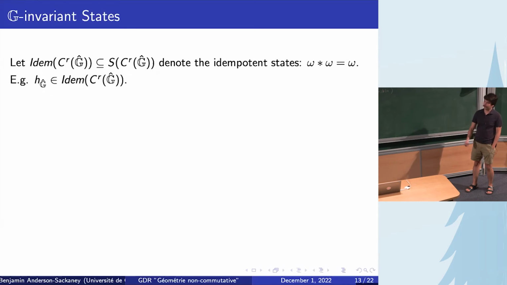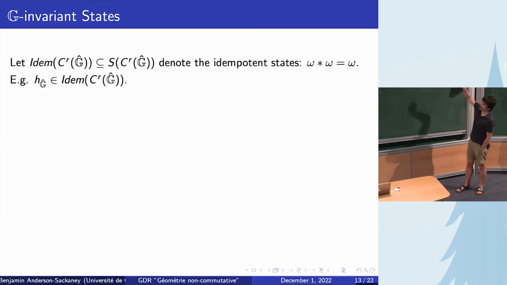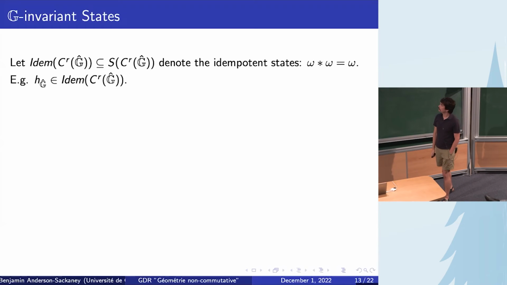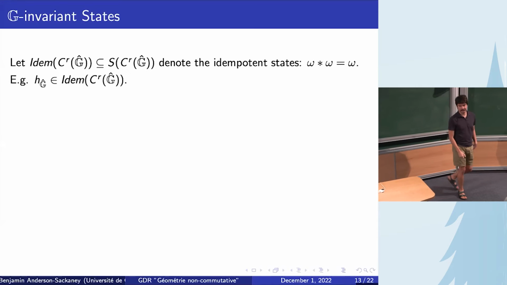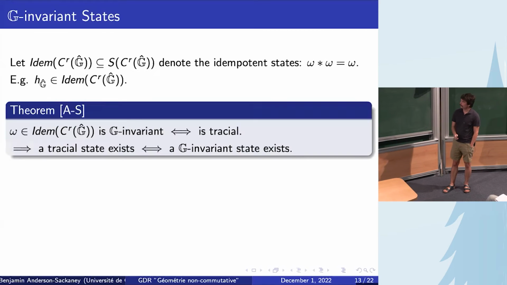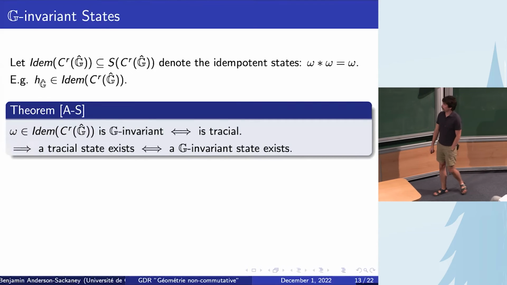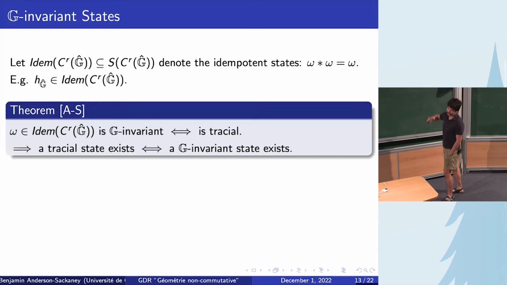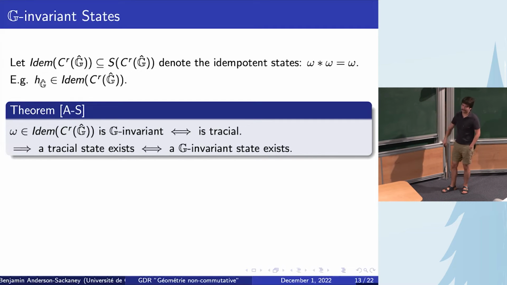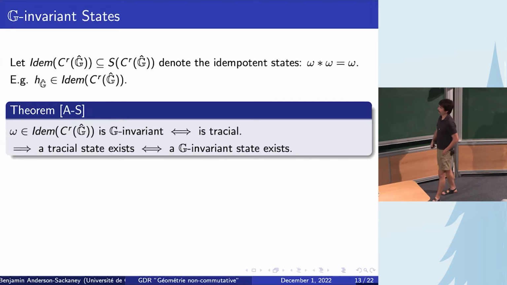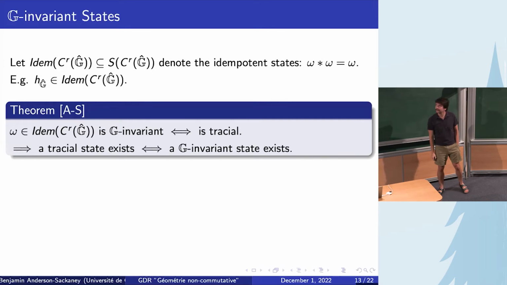So let's now talk about idempotent states. An idempotent state is a state that is idempotent with respect to convolution. For example, the Haar state is idempotent just from the invariance and the fact that it's a state. And it turns out that the idempotent states do satisfy this equivalence between G-invariance and traciality. So I'm sort of lumping together these two results of mine.